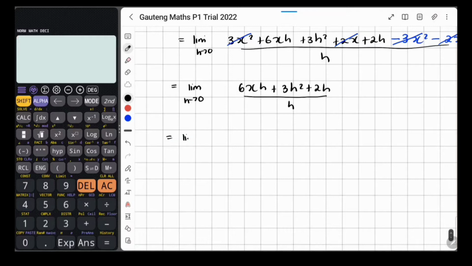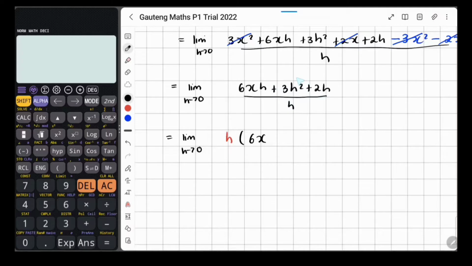And then this is equal to the limit as h approaches 0, and we're going to now have to take out a common factor of h so that it can cancel with this h and we do not have this becoming undefined. So we're taking out the h as a common factor and we're opening a bracket. Then we're just going to have, remember, just saying this divided by this, the h's will be gone and you'll just be left with the 6x.